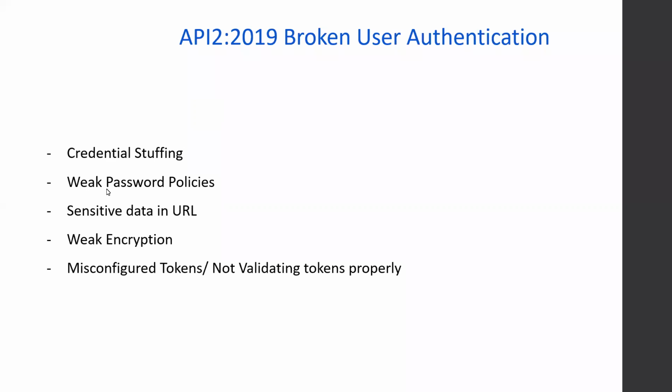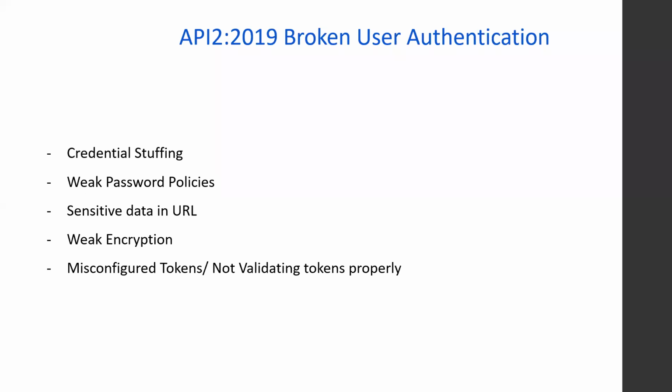Then weak password policies. When a user is creating an account, the password that is to be set has to follow some password policies. There are certain standards mentioned by some OWASP projects, such as OWASP ASVS, the Application Security Verification Standard, which lets you check the level of security that your application has or should have.